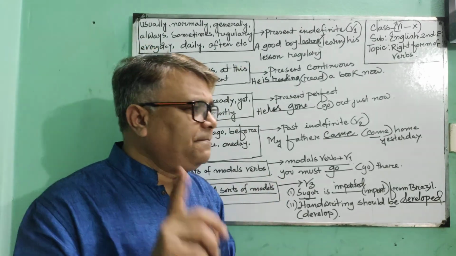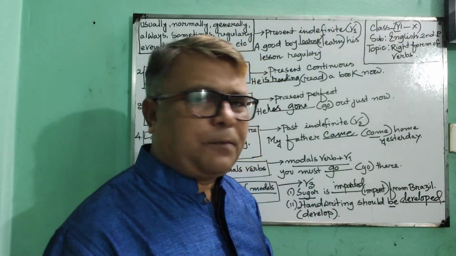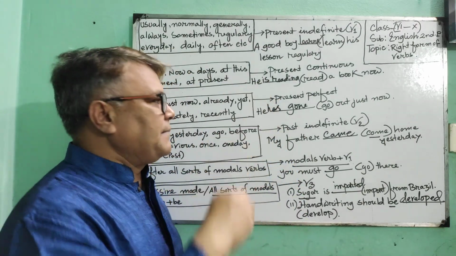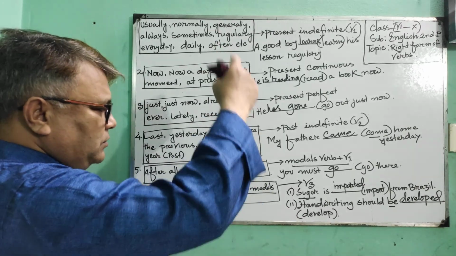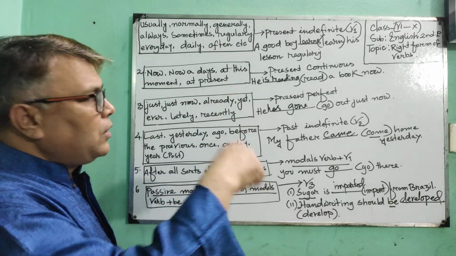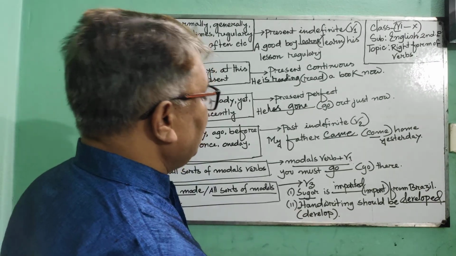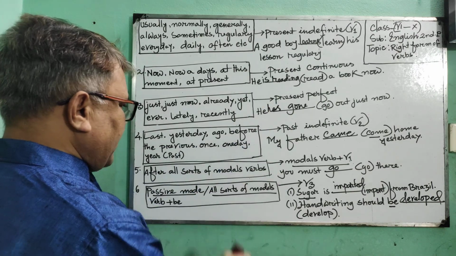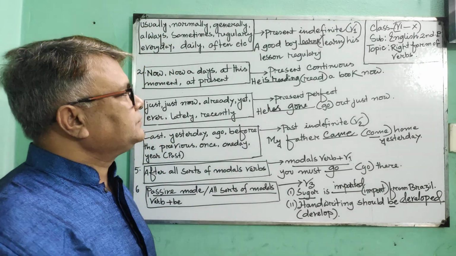I believe if you learn 20 rules properly, you will be able to perform right form of verbs. Write down the rules and examples in your notebook, and I hope you have already written them.